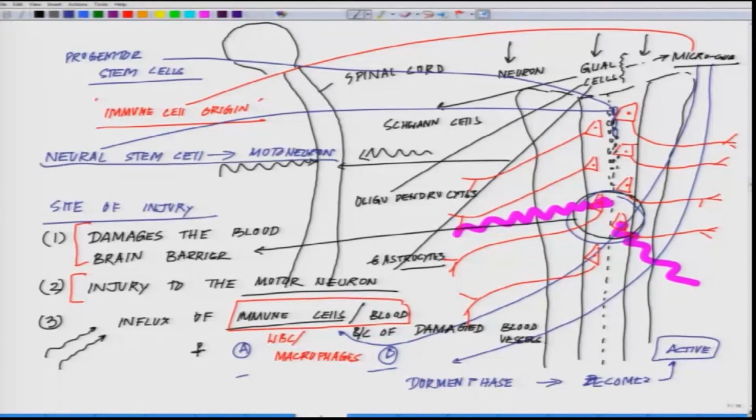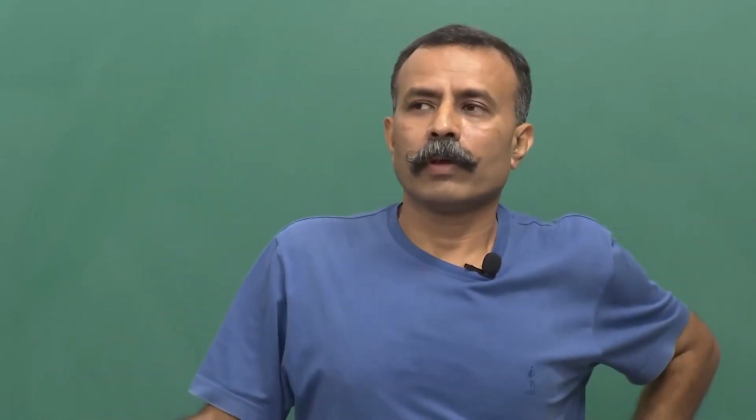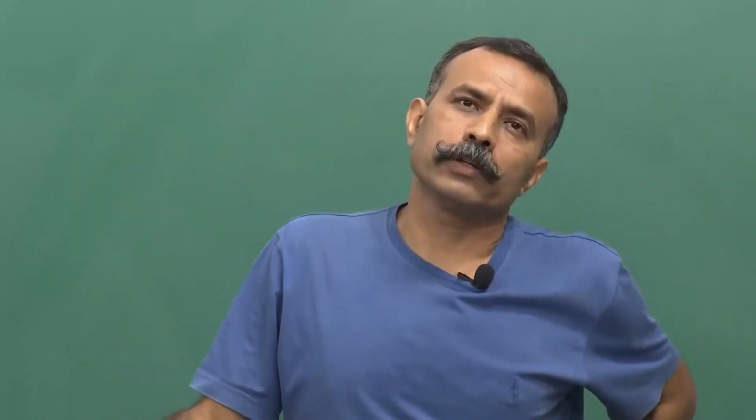There are attempts underway to convert them, but whether they become motor neurons and will exactly follow the path and innervate that particular muscle, that is something for the future. We do not know. We do not have an answer.